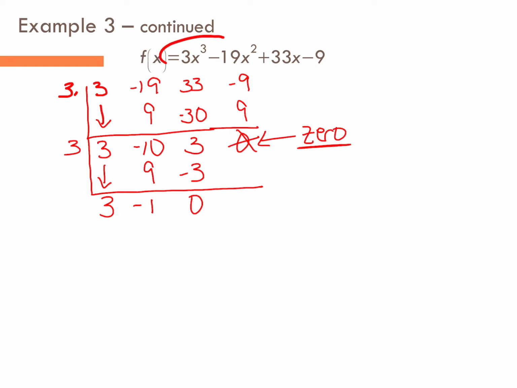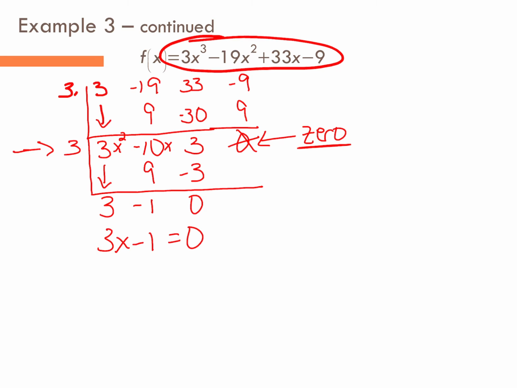My highest x here was x cubed. So when I did synthetic division the first time, if I would have put x's in here, it would have been x squared and x. So now go down one more than that. So this is just going to be 3x minus 1. We'll set it equal to 0 and solve for x, and I get x equals 1/3. So my zeros are x equals 1/3 and x equals 3 with multiplicity of 2.